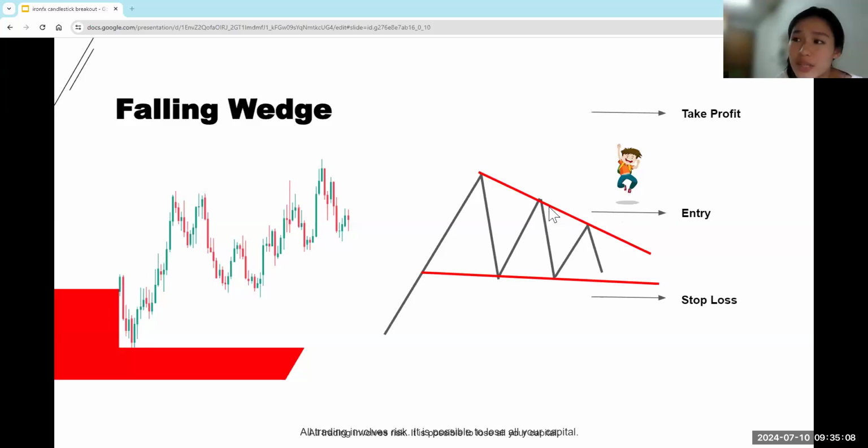Your entry would be somewhere in the middle here, and your stop loss just has to be below this lower line. So it would be the same thing, just opposite for your ascending triangle. Stop loss would be on the top, entry would be somewhere here in between. Past this should be maybe here, okay? And then your take profit just above it over here.